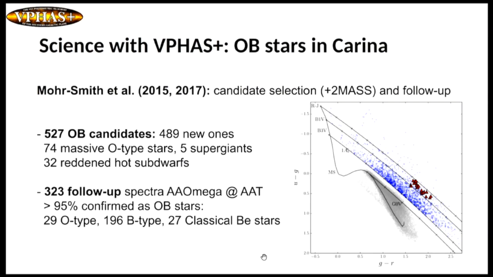So all these objects were candidate OB stars in the Carina arm, which is located between, I think, 2 and 7 kiloparsecs away, at least looking in this direction of the sky. And so there was a selection of a very large number of OB candidates, going much deeper compared to previous work.